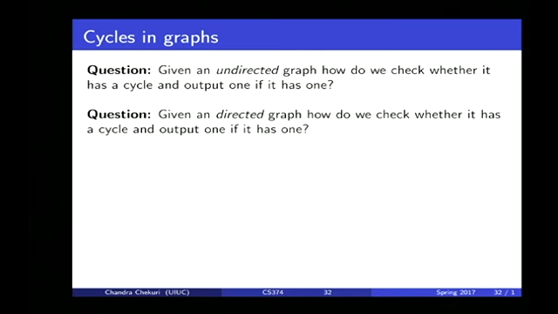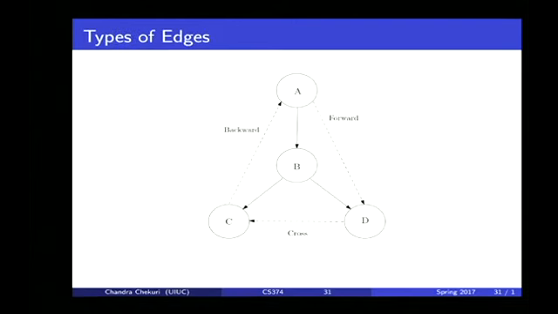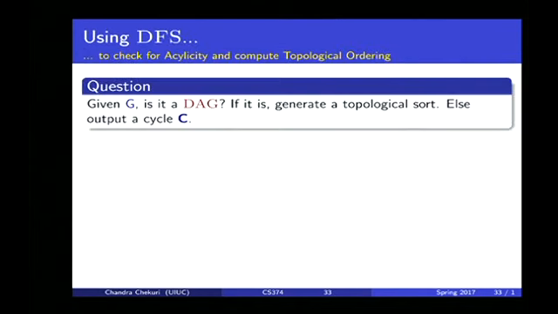A cross edge is an edge which goes from a node to somebody who is neither a descendant nor an ancestor. So here is a nice property of DFS in directed graphs. You do a DFS of G, not about U, like we did.